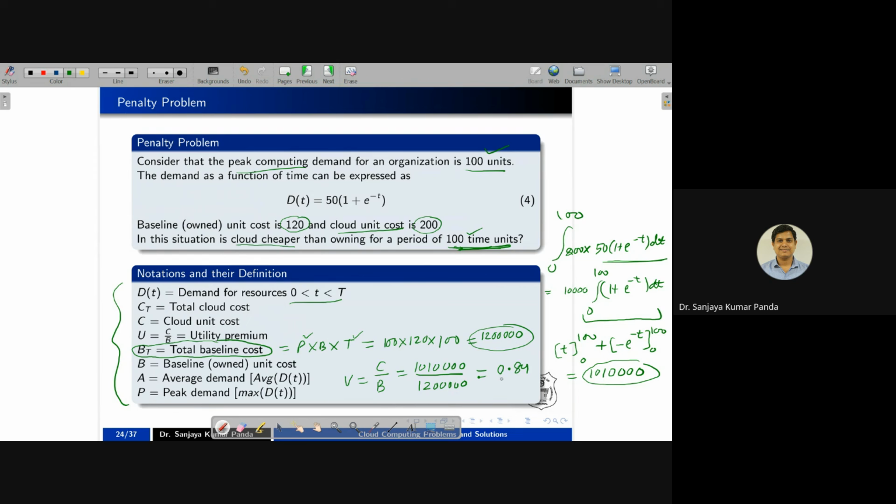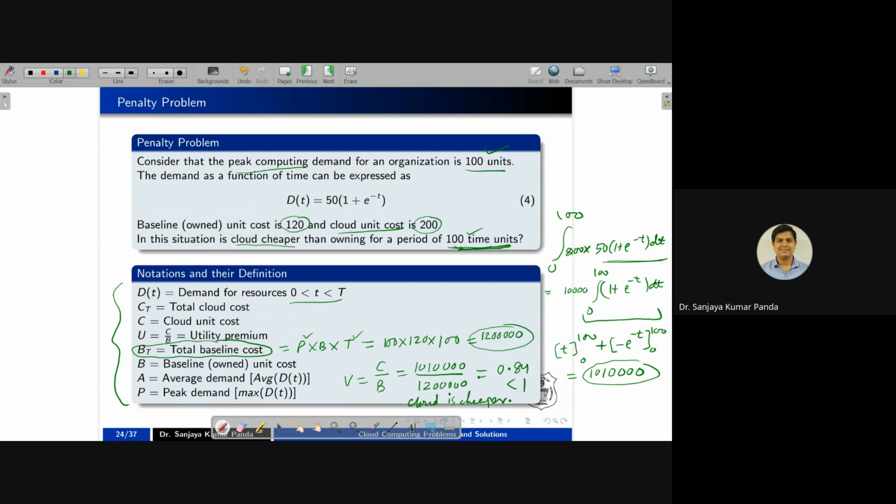So it is 0.84, and the value is less than 1. If the utility premium is less than 1, it indicates that cloud is cheaper. If the utility premium is greater than 1, it indicates that the in-house server is cheaper.